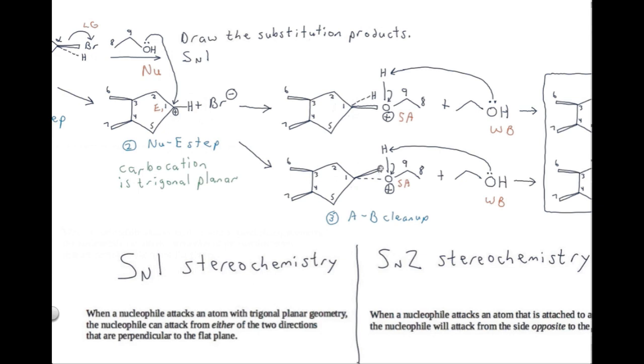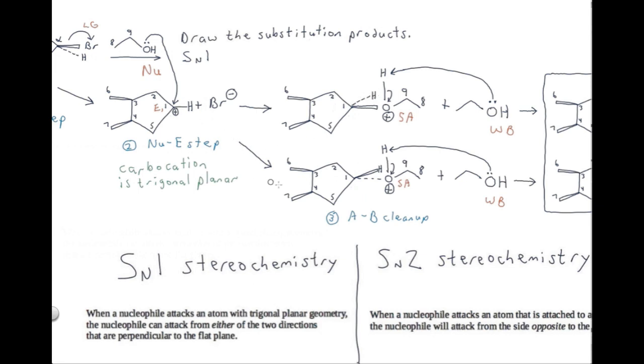How did the hydrogen end up in those positions? Well, in this branch of the mechanism, the alcohol attacked from in front of the page. So when the alcohol attacked from in front of the page, it pushed the hydrogen back behind the page, so that the hydrogen ended up behind the page.